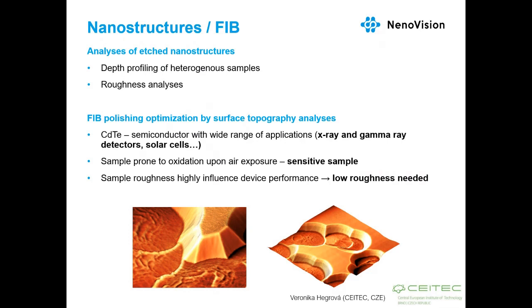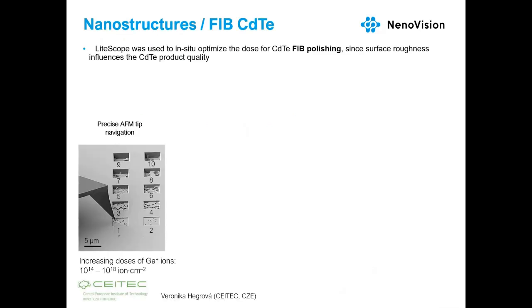So to make the best high quality, polishing is an important point here. What we are doing using FIB, SEM, and AFM together is that we use a LiteScope AFM to analyze the FIB parameters for polishing.